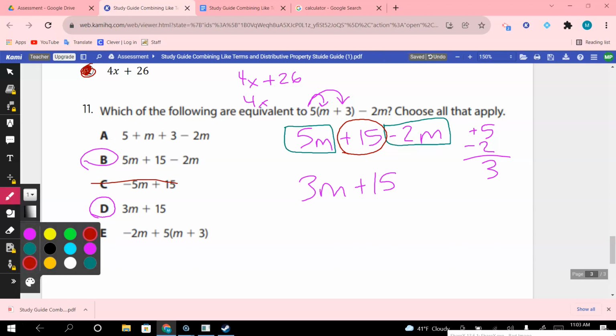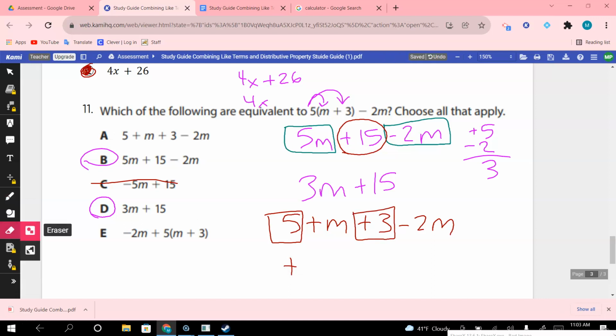Let's look at A. So we have positive 5 plus m plus 3 minus 2m. So combine our like terms. Positive 5, positive 3 is a positive 8. I should have done the m's first.